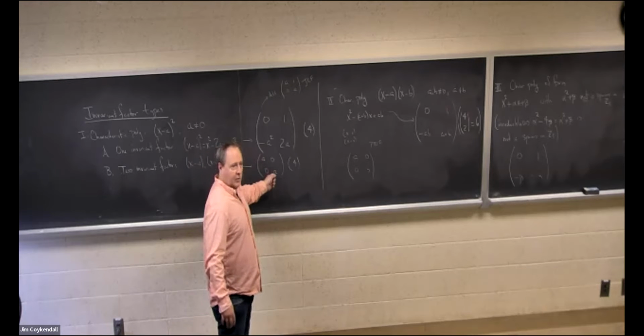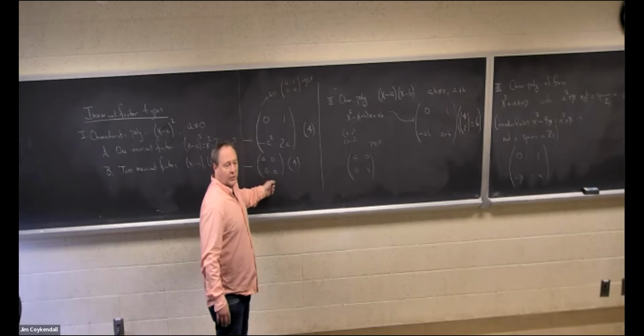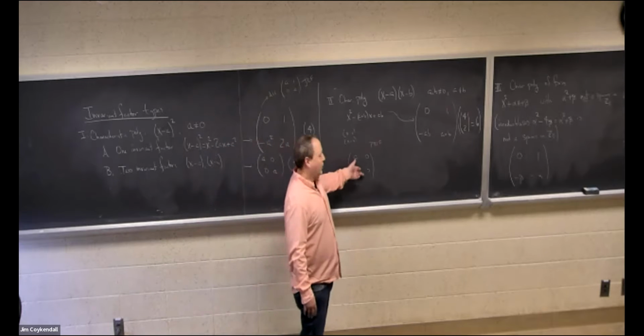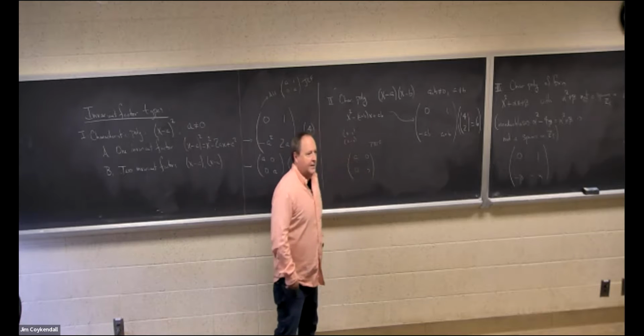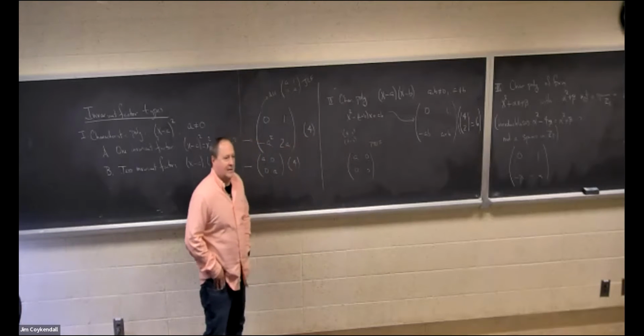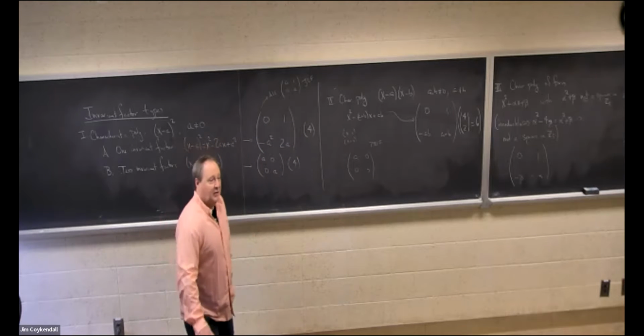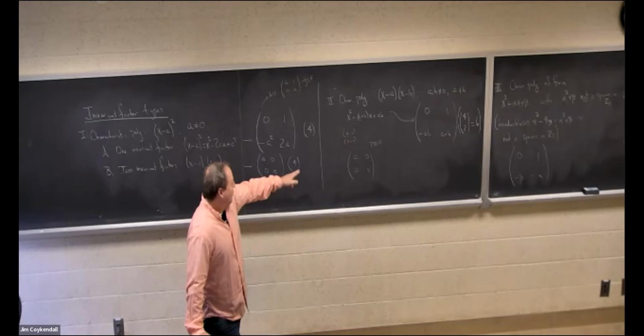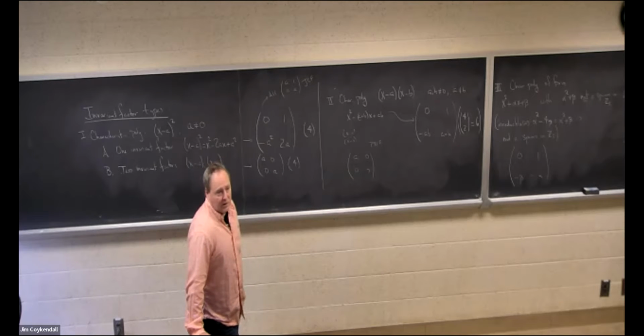If it's 3, it's order 4. If it's 4, it's order 2. What's the order of this one? It's the least common multiple of the order of A and B. So the order of that one's either going to be 2 or 4.